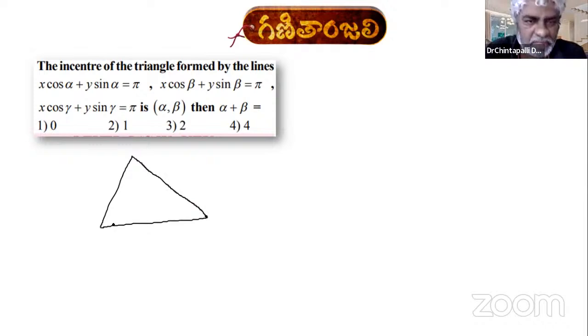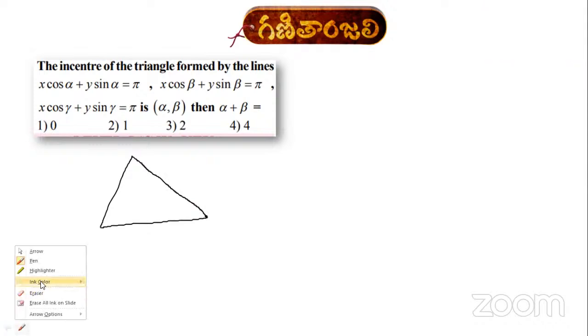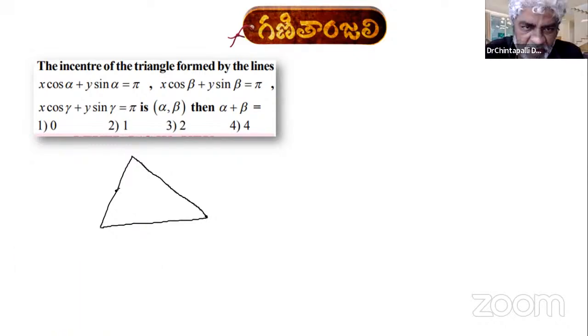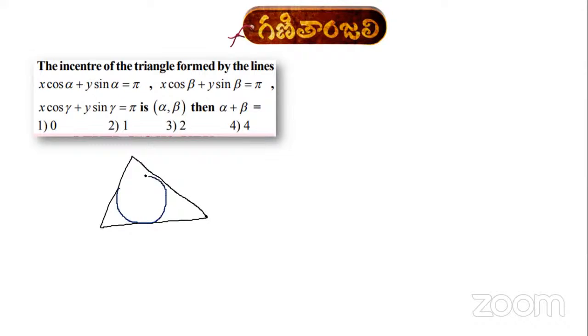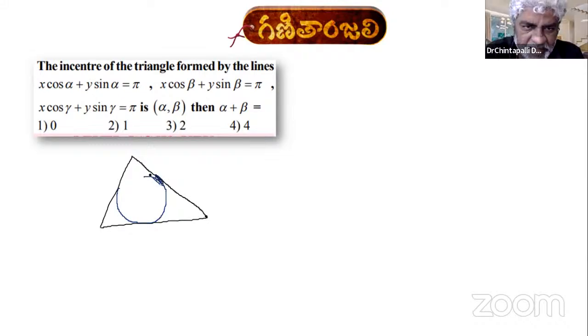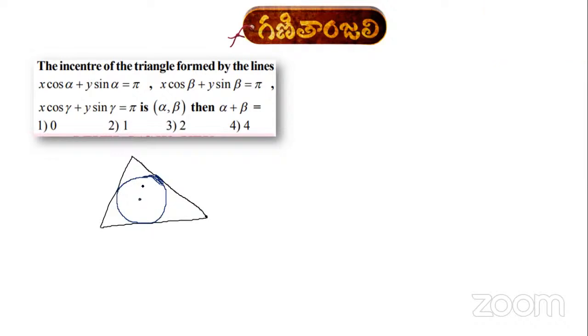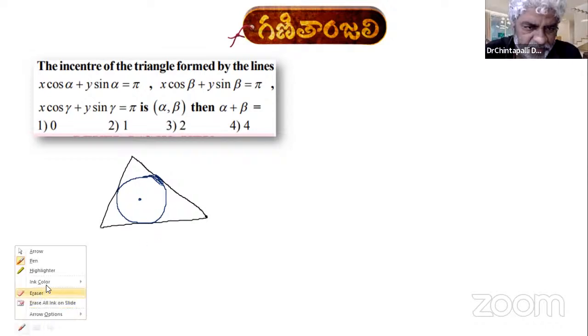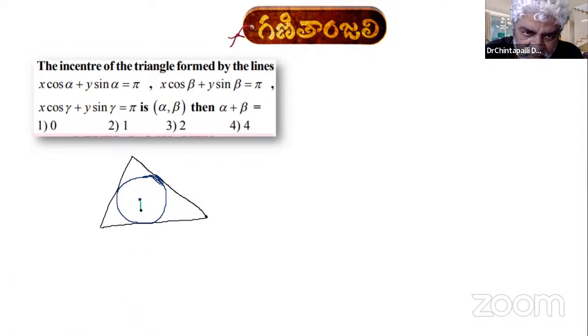For this triangle, this is called the incircle. This is the center of that incircle. Now see, this is the distance of that center from this side.